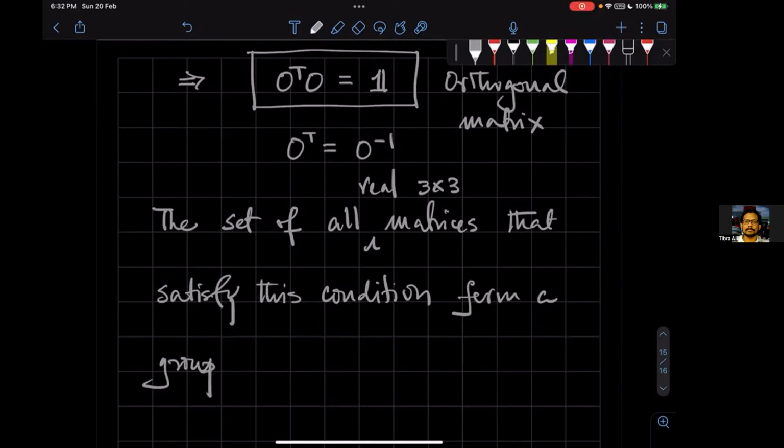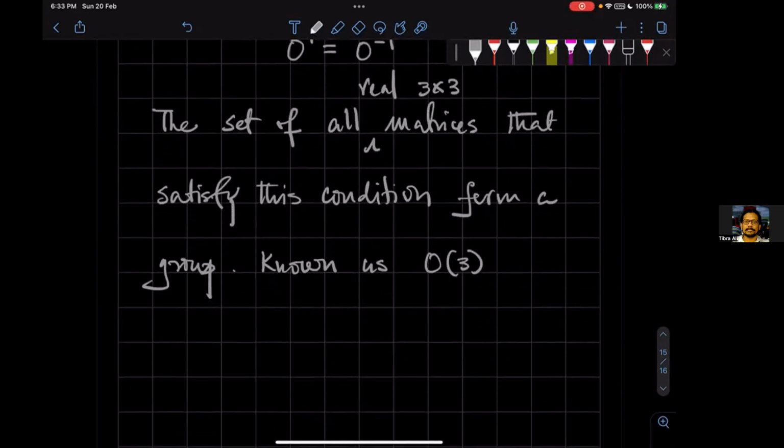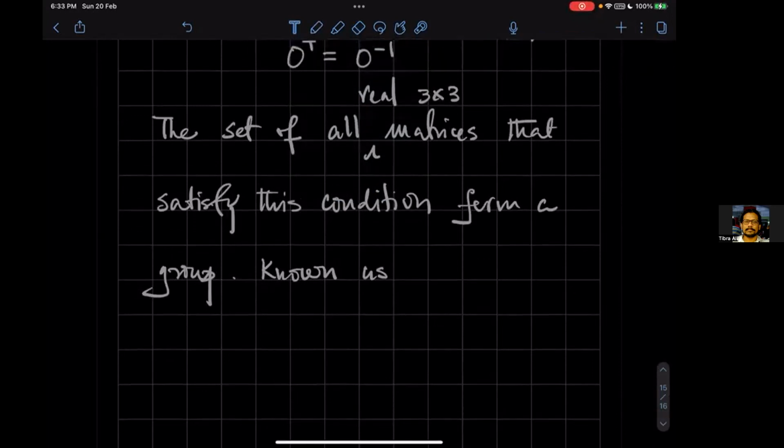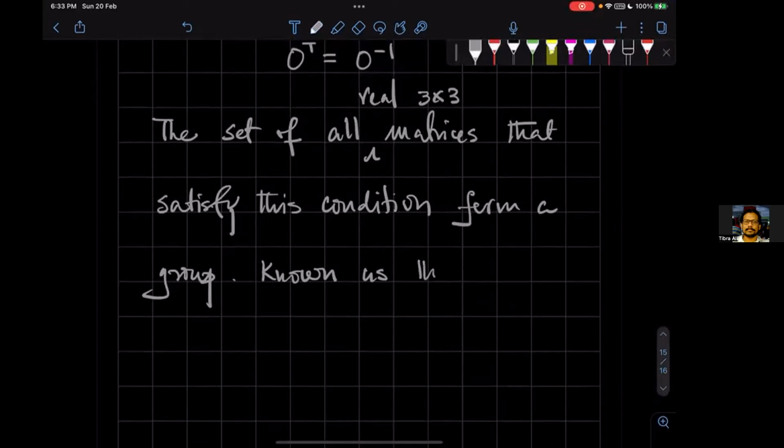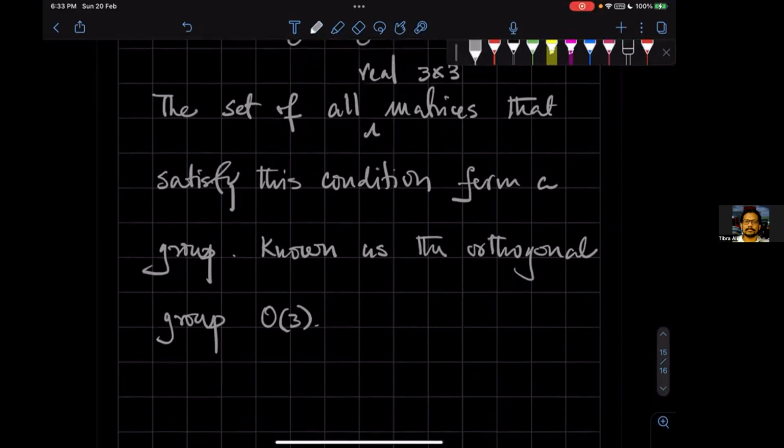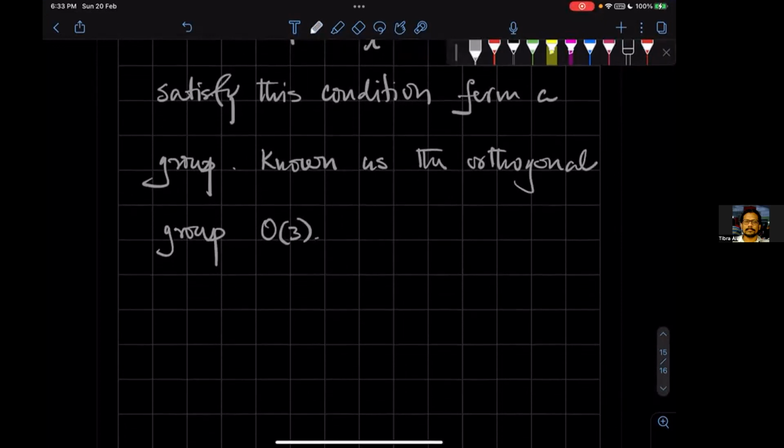And this group is known as O3, the orthogonal group of 3x3 dimensions. Okay, so let's just show that this is indeed a group.